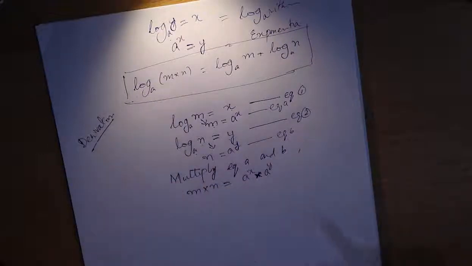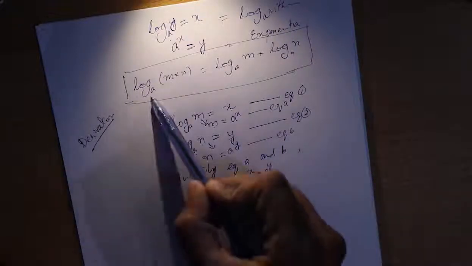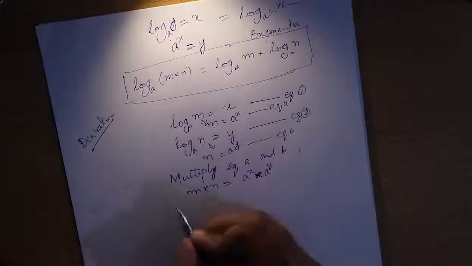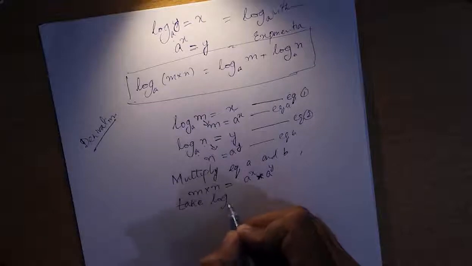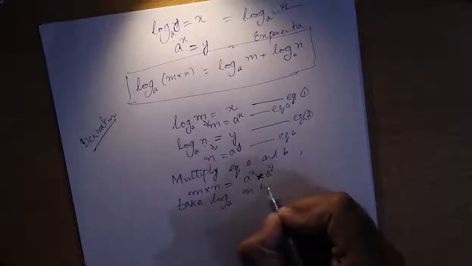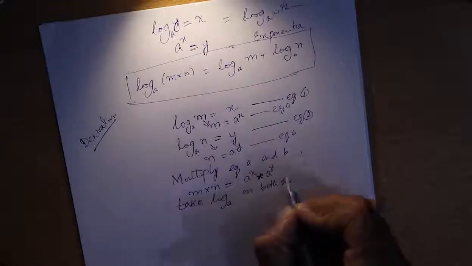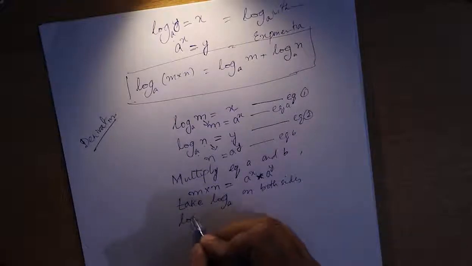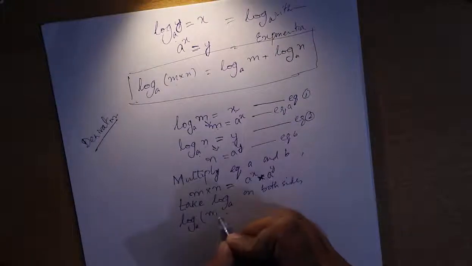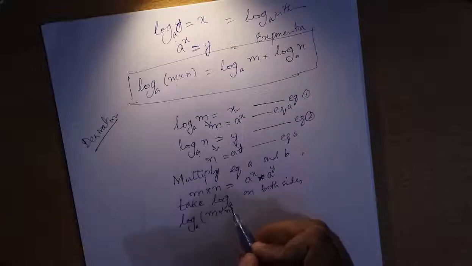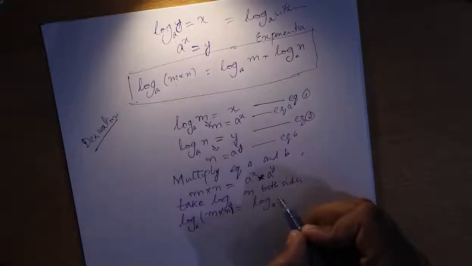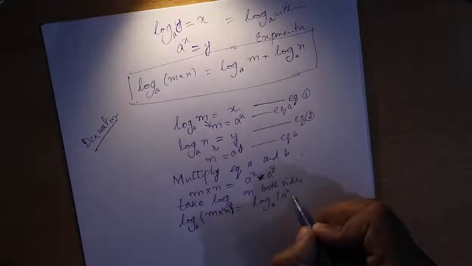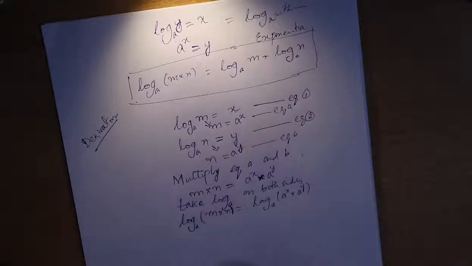Now we want to find the logarithm of this product. So what we have to do now is take the log on base a on both sides. So our equation would become log a of m into n, and the right hand side would become log a of a to the x multiplied by a raised to the y.